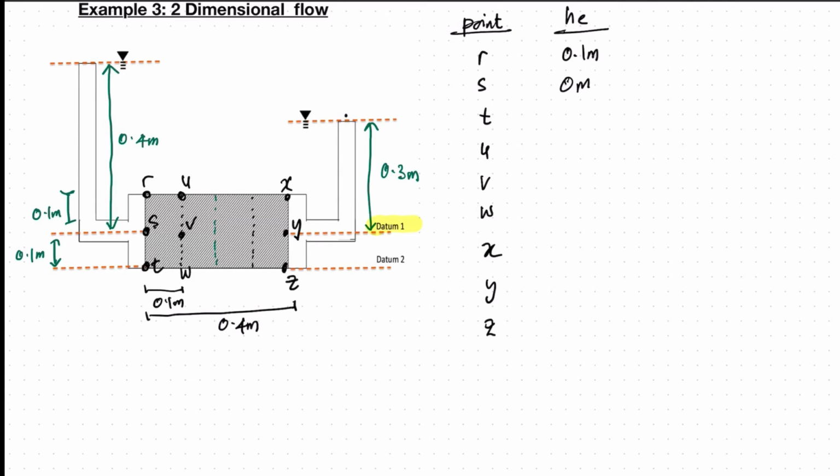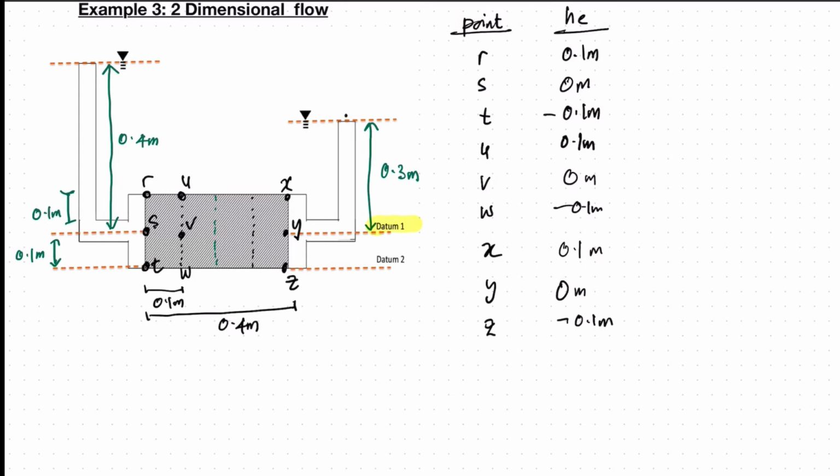T is below the datum, and remember earlier, below the datum the value is negative, so it is negative 0.1 meter. It's simple, and then you do the rest. For U is 0.1 meter, then 0 meter, negative 0.1 meter, then 0.1 meter, 0 meter, and negative 0.1 meter.